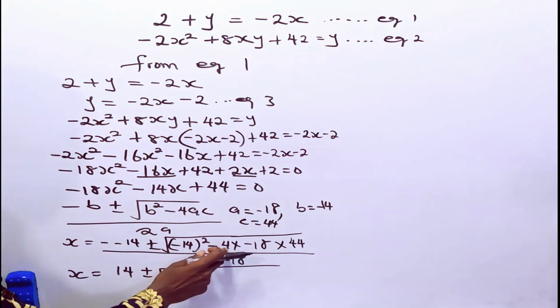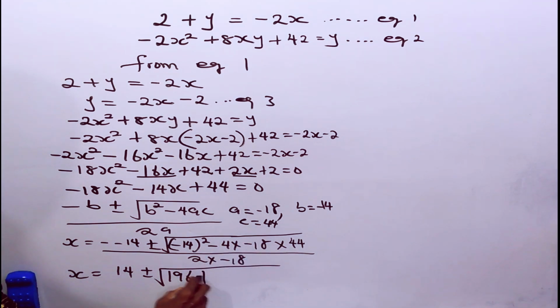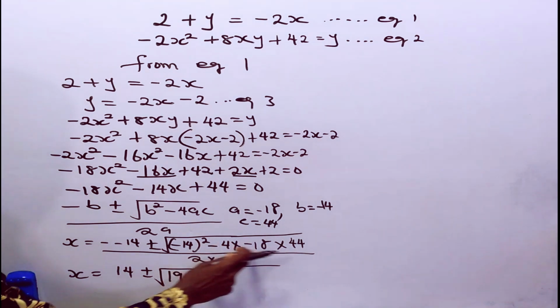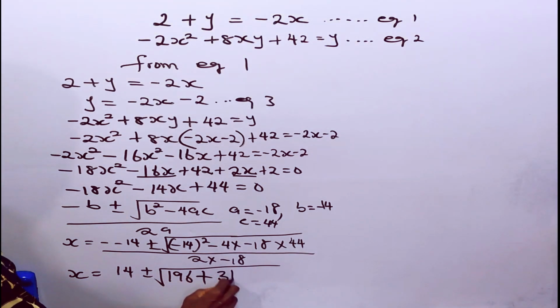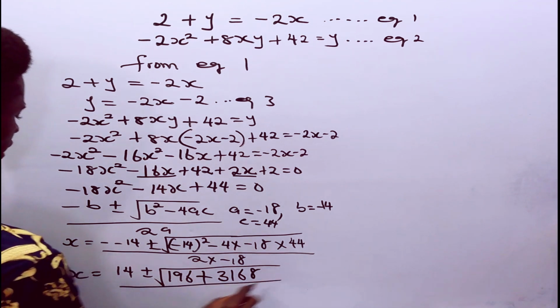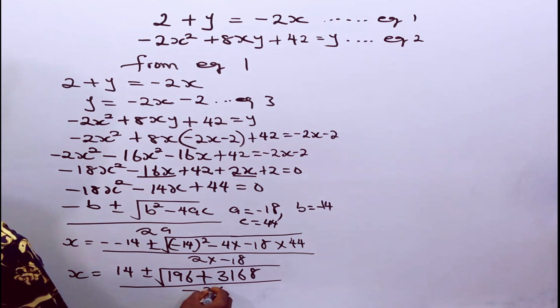Then negative 4 times negative 18 is positive, then the value multiplied by 44 will give 3168, over 2 times negative 18 is negative 36.